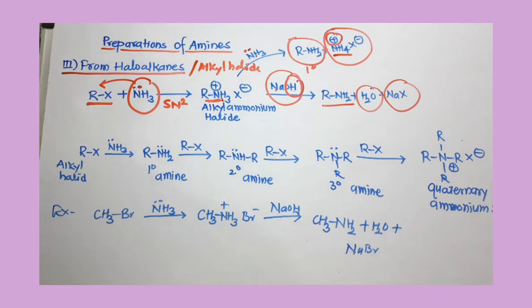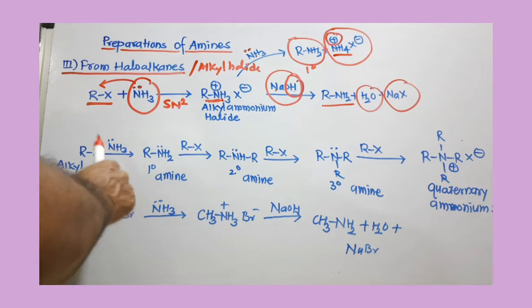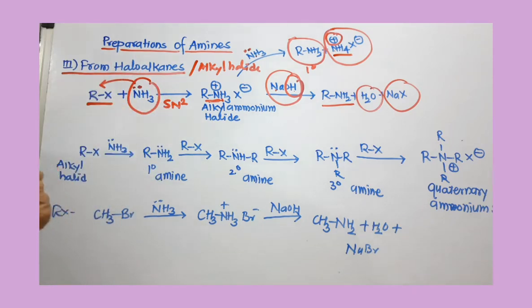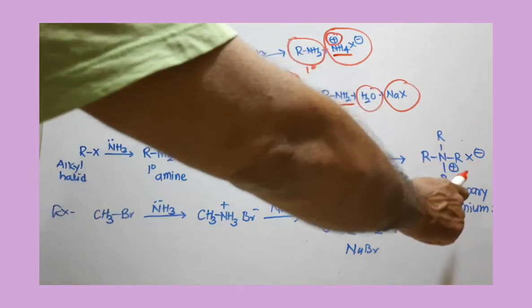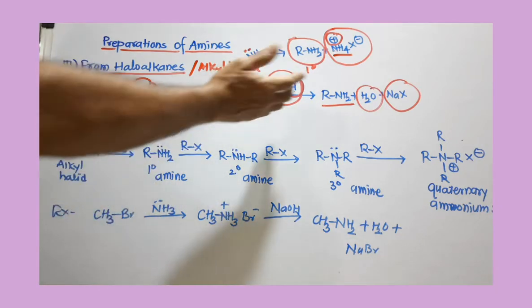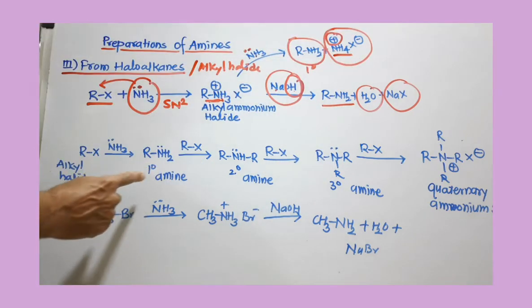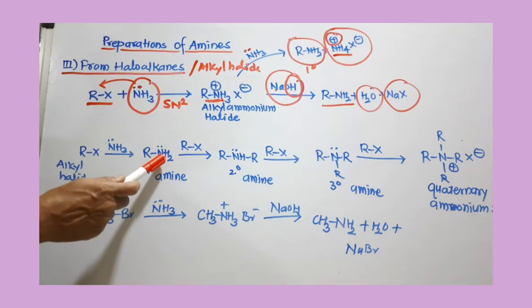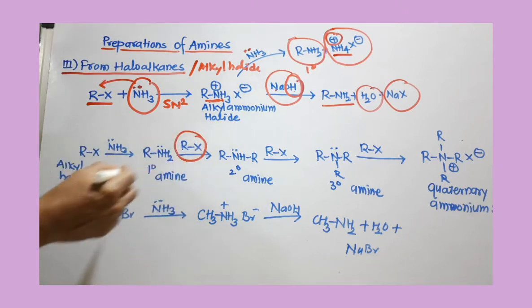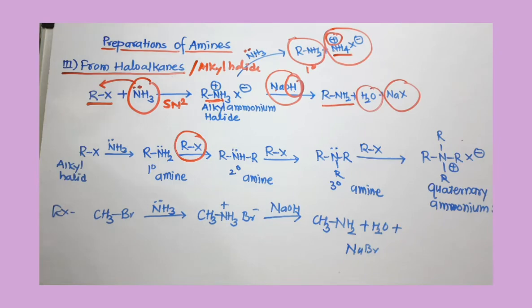The only drawback of this reaction is that you cannot stop it at this stage if ammonia or the alkyl halide is taken in large excess. Other reactions are possible during this synthesis. RX is converted to the primary amine, as we have seen, but this amine again acts as a nucleophile, and RX is also available in the reaction medium.